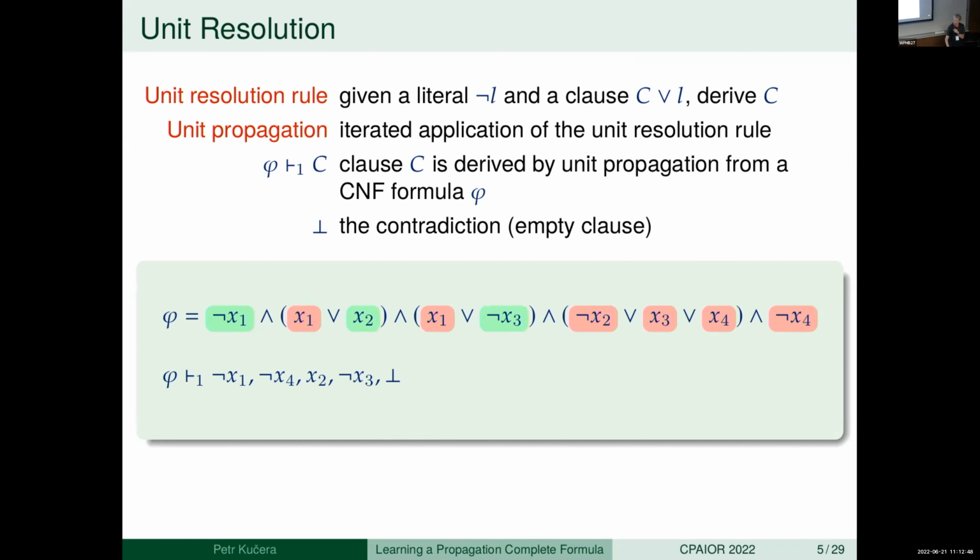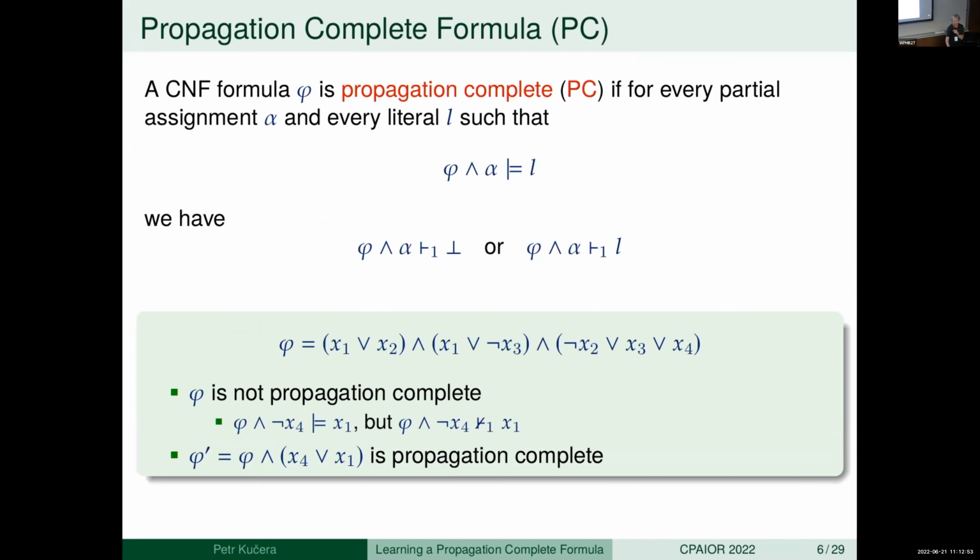Yeah, so this is how we use unit propagation, and based on this, we can define a propagation complete formula as a formula which has this property that if a literal is implied by the formula together with a partial assignment, which is basically a consistent set of literals, then it can be derived by unit propagation.